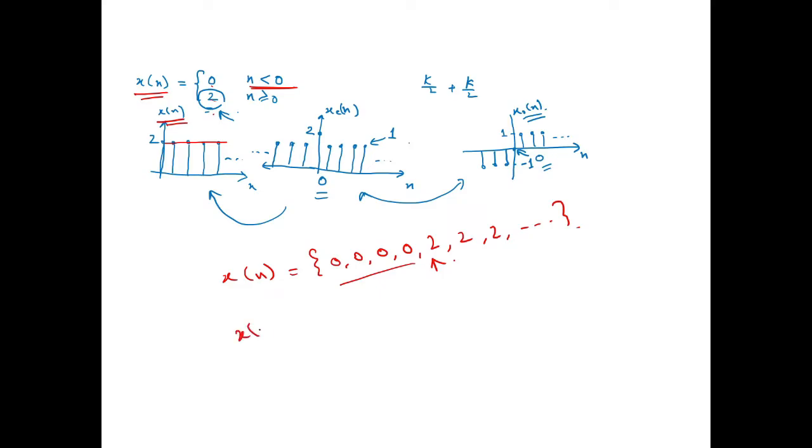X of minus n is called time inversion, so we have to flip the signal around.